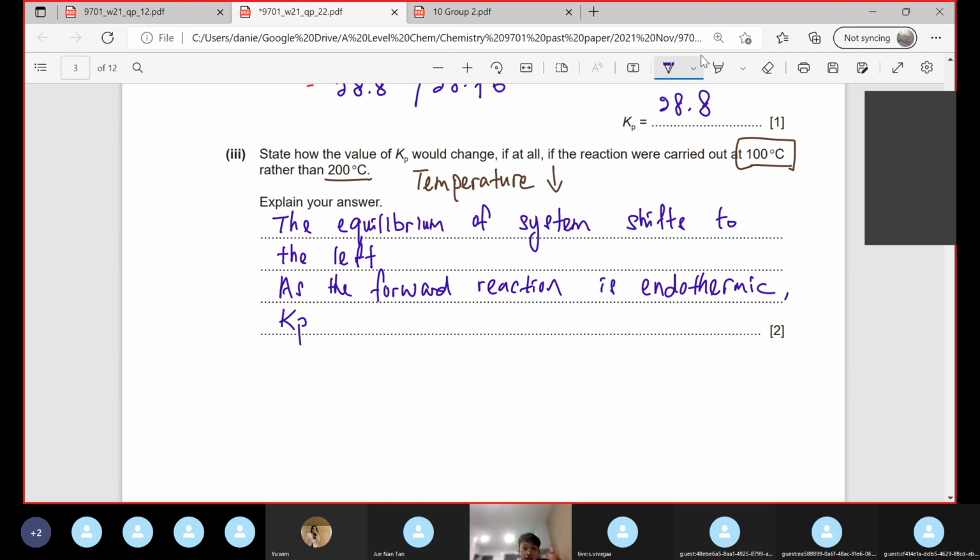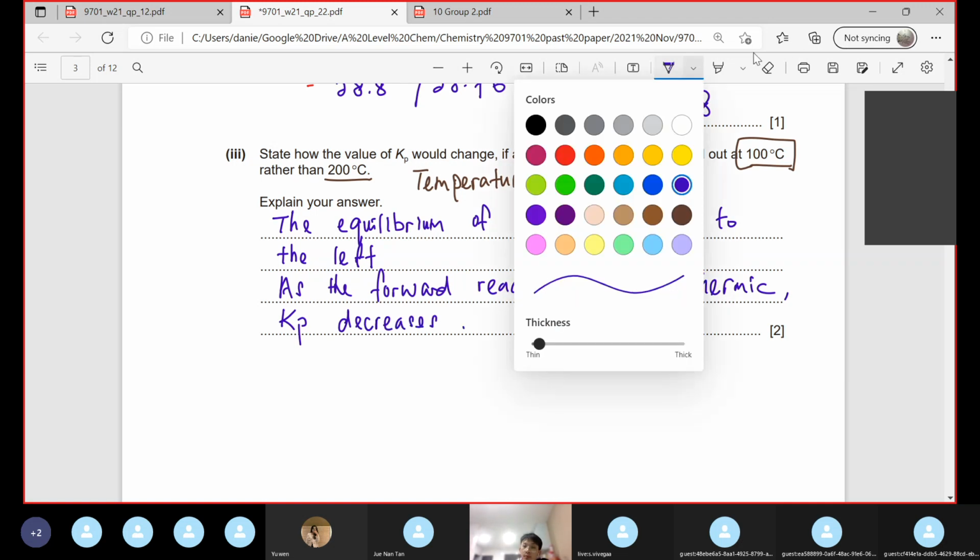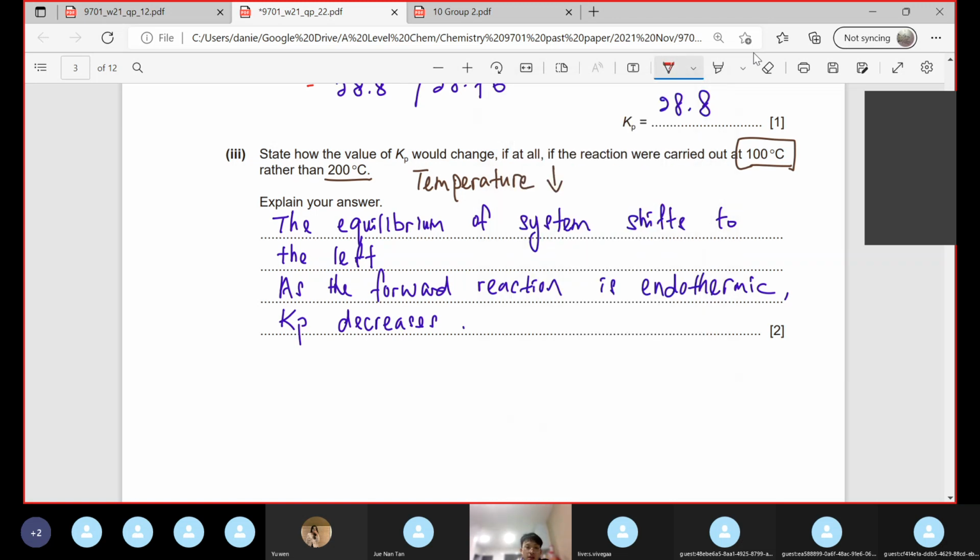Kp decreases. So 1 mark is you explain the equilibrium shifting to the left. Another mark is you write down the forward reaction is endothermic and you state how the Kp changes. You can write Kp decreases, the value of Kp drops, declines, all these can. Okay, then next.